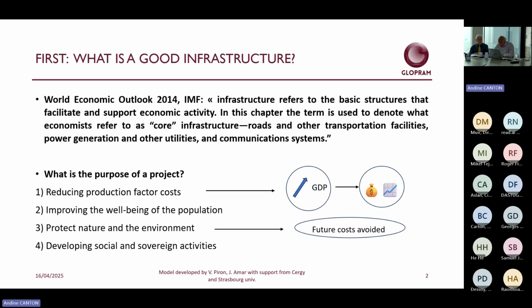And if the country is properly managed, increase of GDP brings fiscal revenues. And then the idea is to compare the cost of the infrastructure and the revenues provided by the increase of GDP resulting from the reduction of production factor cost. It is very simple, at least to say. To do the job is more difficult.